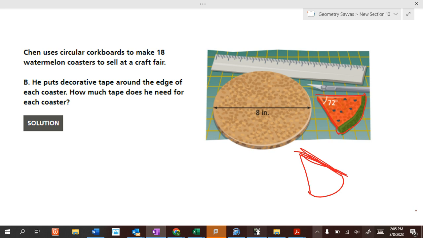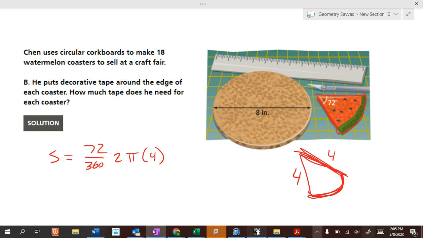Well, what's the radius of the coaster? 4. And this side's going to be 4. We just have to figure out the length of this side. What's the length of this side called? The arc length. So the arc length equals 72 over 360 times 2 pi times 4.